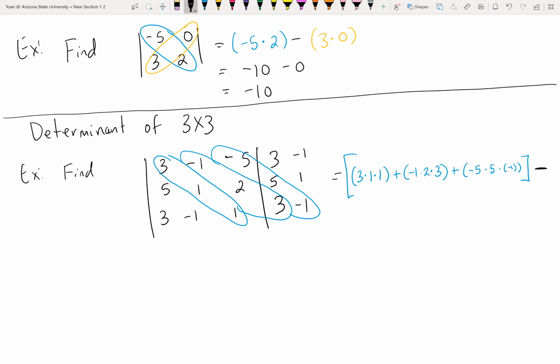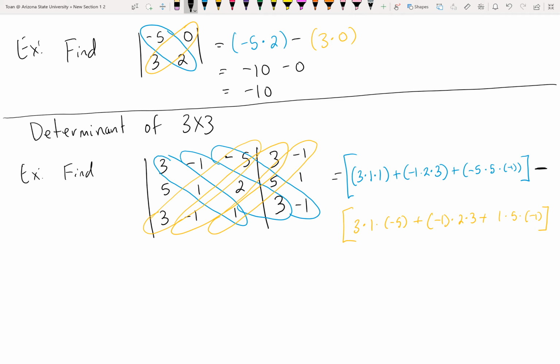It's always going to be minus, and you do the other 3 diagonals. The first diagonal here is going to be 3 times 1 times -5, plus this diagonal here, -1 times 2 times 3, plus the last diagonal here, 1 times 5 times -1.